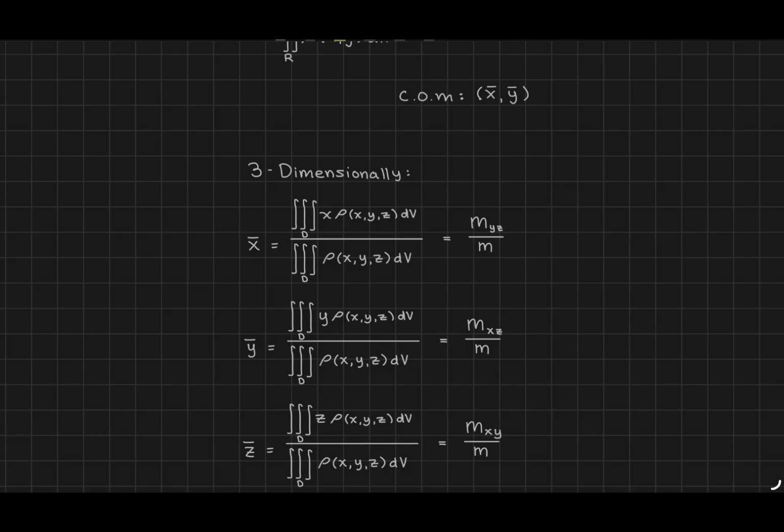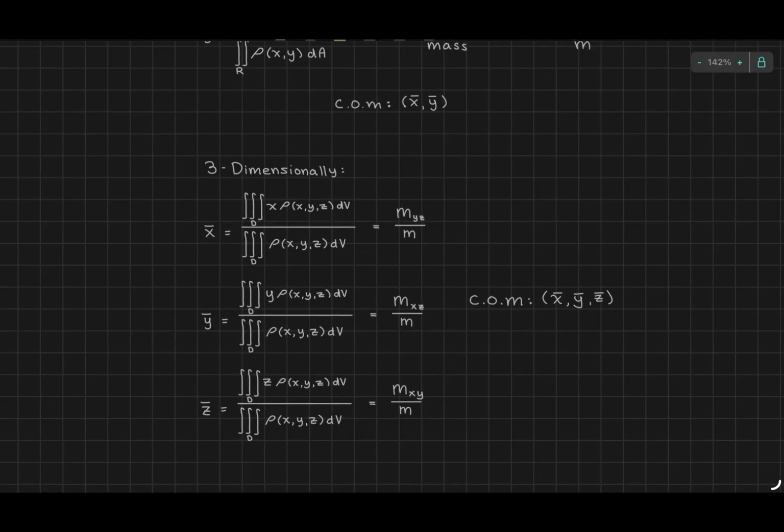So this is kind of said as a moment with respect to y and z over the mass, and it's pretty repetitive on the other two as well. It's going to be very similar concepts for these three, and I guess we can kind of guess, well, the center of mass is going to be these three placed into a coordinate system.